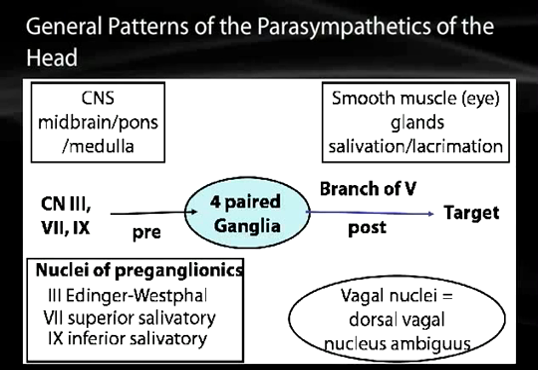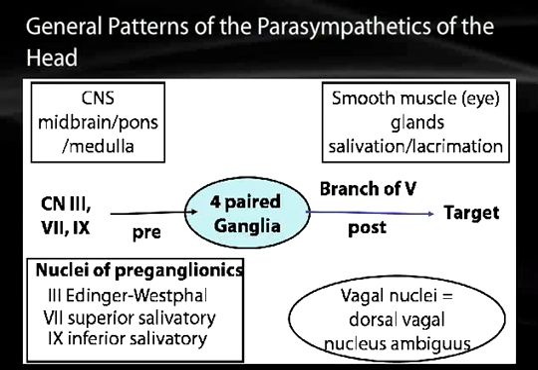The Edinger-Westphal nucleus associated with cranial nerve 3 is going to be in the midbrain. Cranial nerve 7, the superior salivatory nucleus that we just discussed in the previous question, is going to be in the pons, and then the inferior salivatory nucleus, because it's associated with cranial nerve 9, is in the rostral medulla.